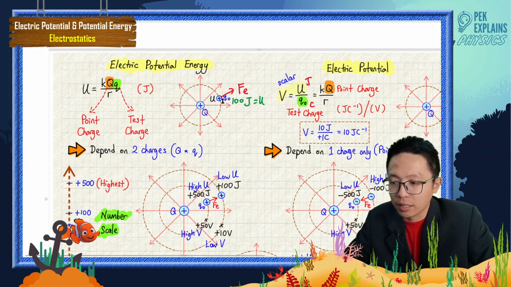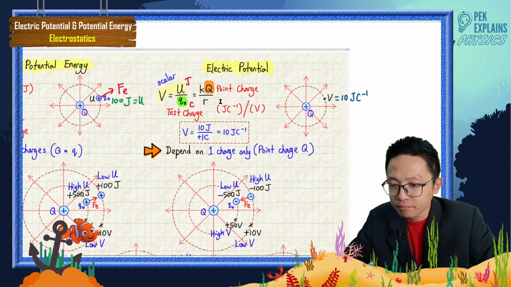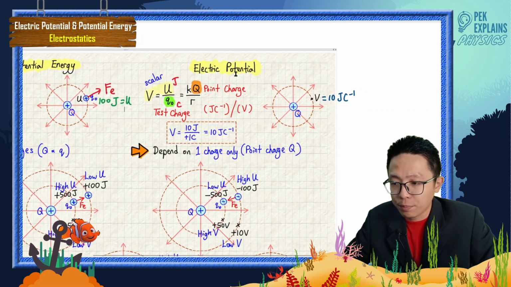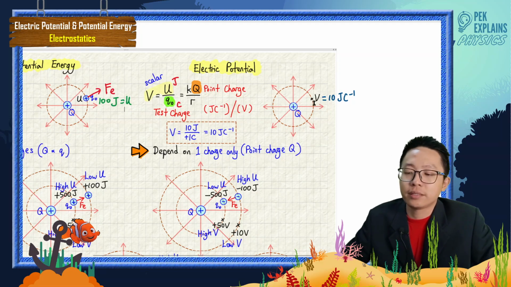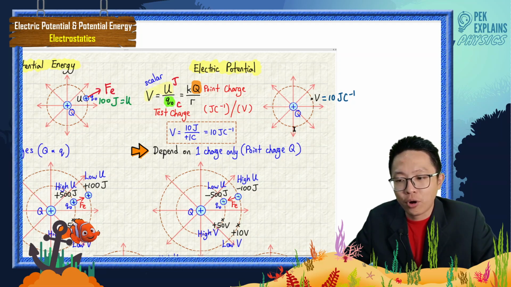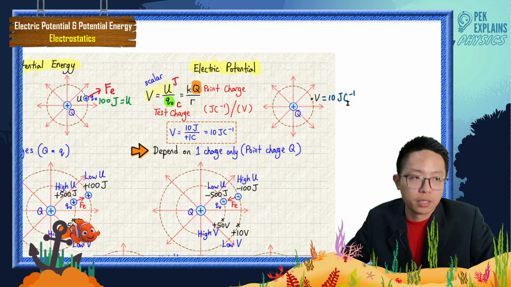Then this electric potential energy is possessed by the test charge. But electric potential doesn't need a test charge. It just needs a point charge. So any point around the point charge has potential. Like this point, it has potential, and the potential of this point is 10 joule per coulomb.